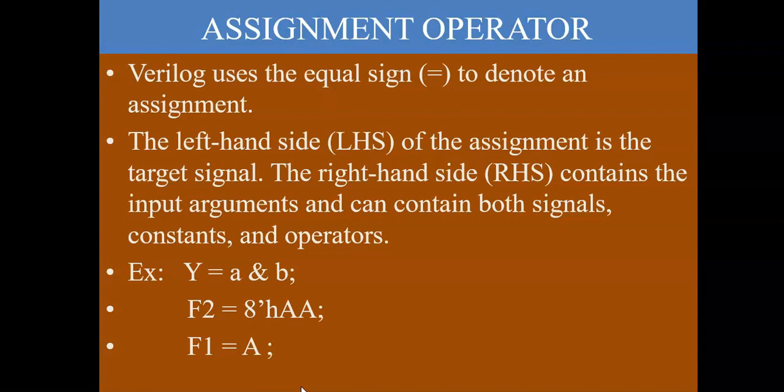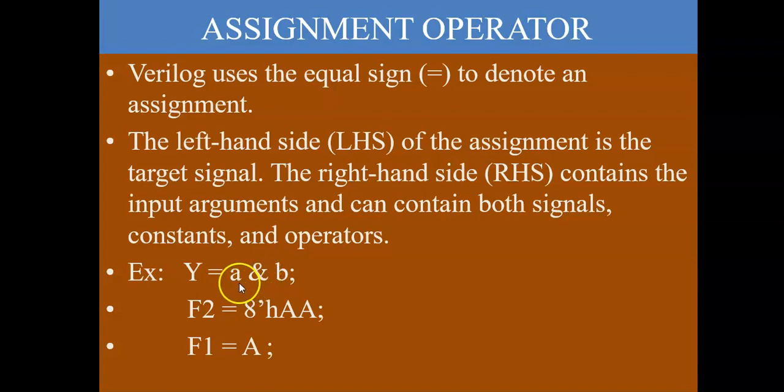Verilog uses the equal sign to denote the assignment. The left-hand side of the assignment is the target system. The right-hand side, RHS, contains the input arguments and can contain signals, constants, and operators. Operator means here the logical AND operator.